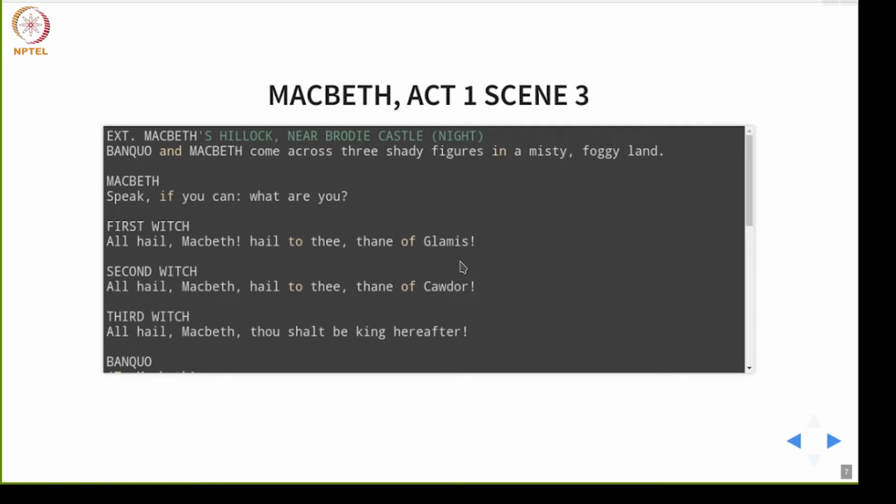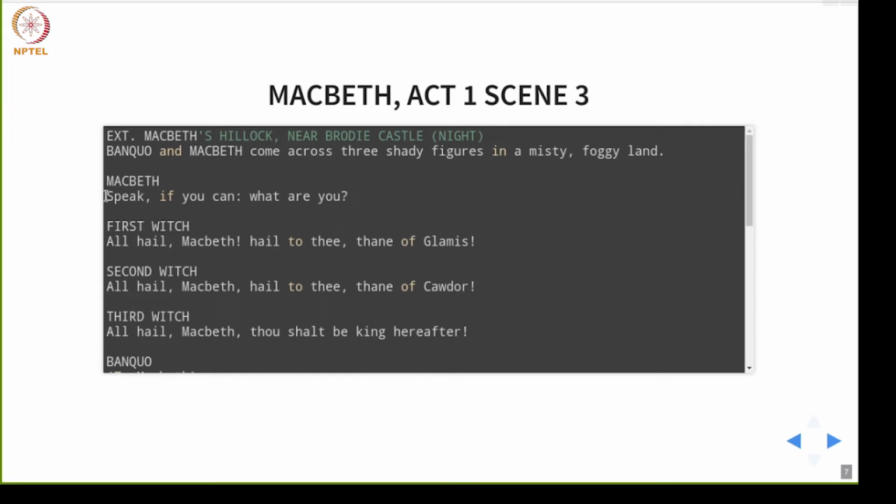If you can look into the seeds of time and say which grain will grow and which will not, speak then to me, who neither beg nor fear your favors nor your hate." The first witch says, "Hail." Second witch says, "Hail." And third witch says, "Hail."